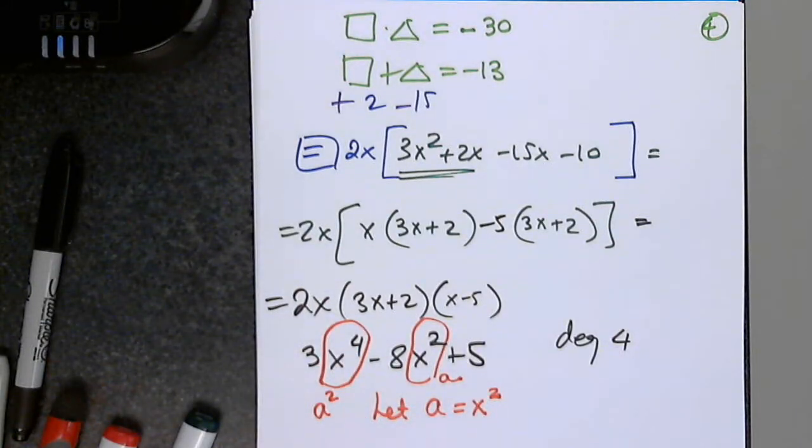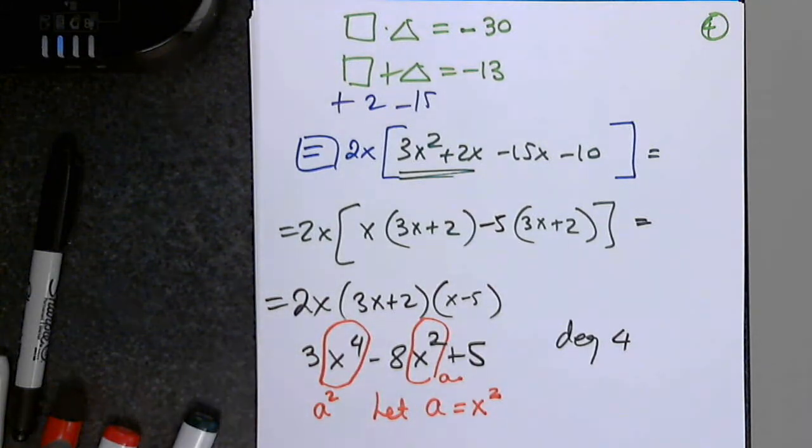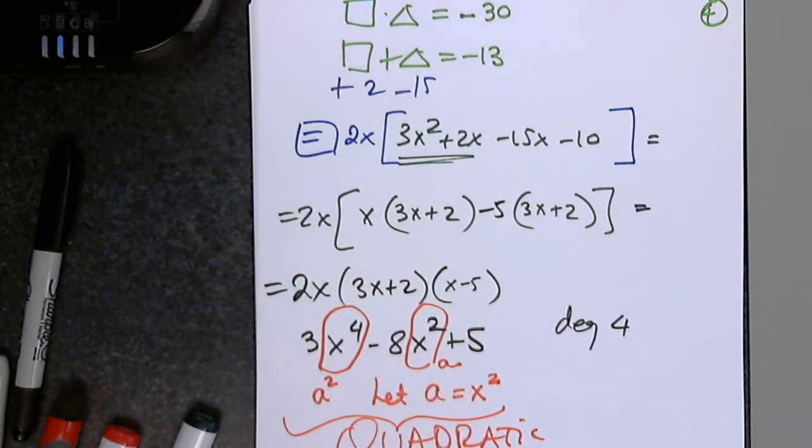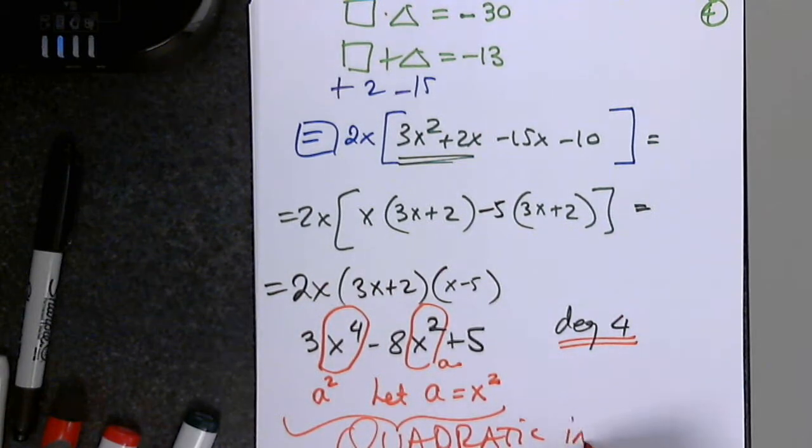If you replace this by a, then you must replace this by a squared. It will be correct. Then this whole expression is quadratic in form. And if I stop here, you'll say, you're lying to us, because this is not quadratic. This is degree 4. But I have to continue.